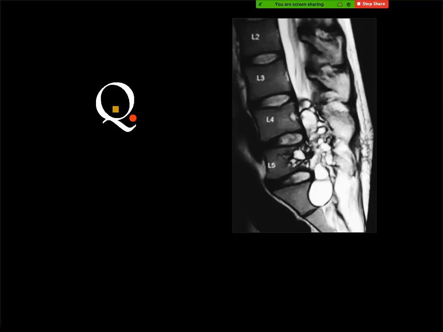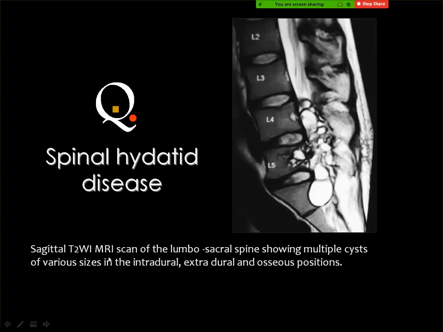CSF collection. Very good. Yes, this is hydatid disease of the spine. And you remember I mentioned many times that the diagnosis of hydatid depends on the detection of a vertebral cystic lesion associated with intraspinal or paravertebral multiple cystic lesions.